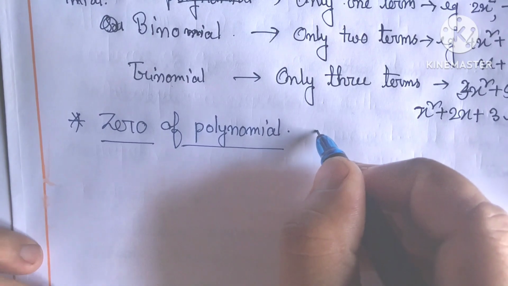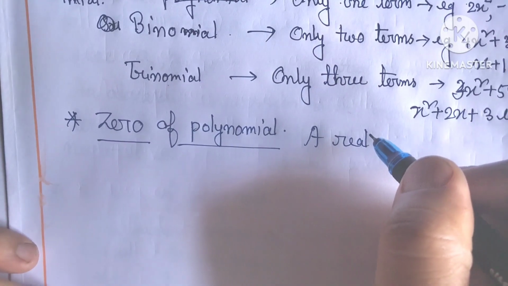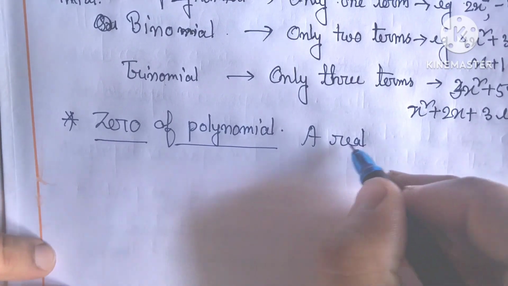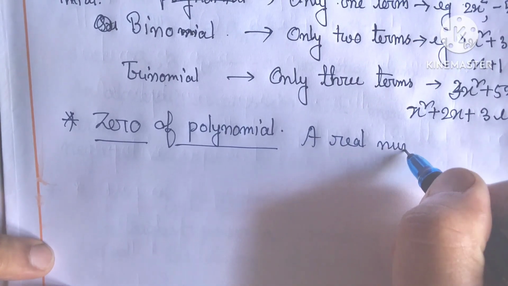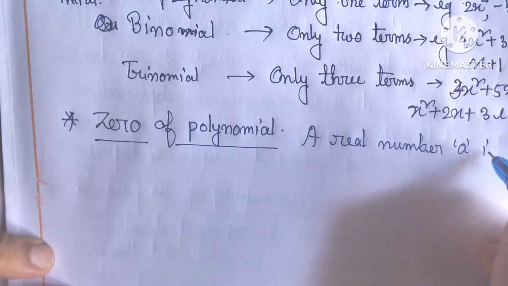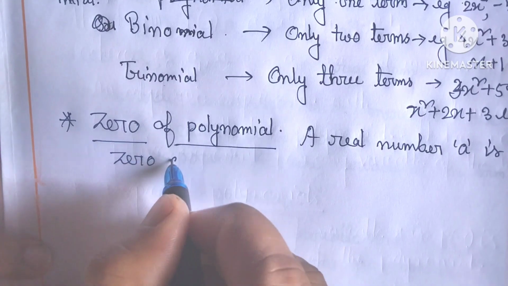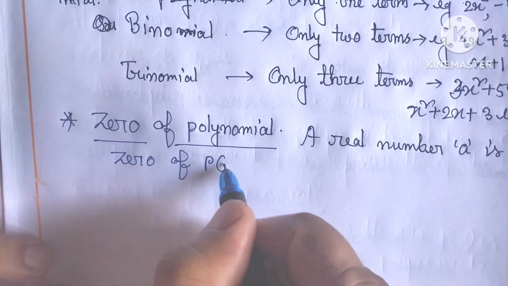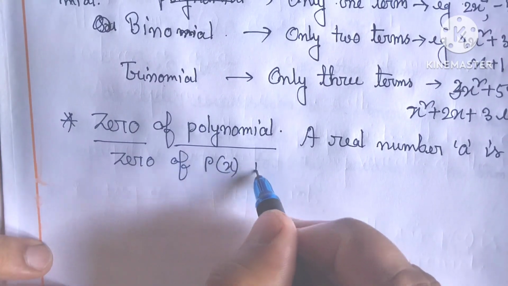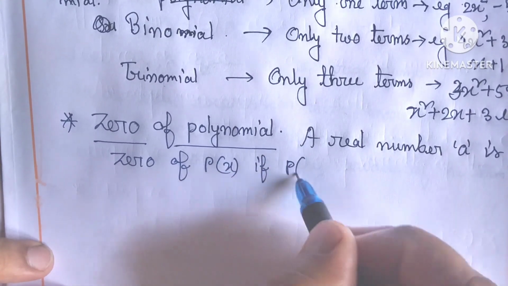Suppose a real number, a collection of rational and irrational numbers, a is a zero of P of x if P of a equals 0.